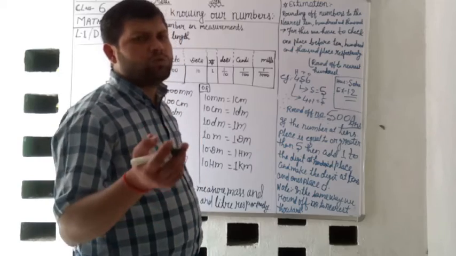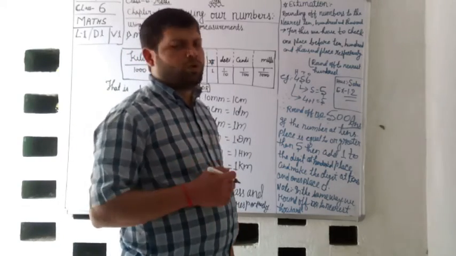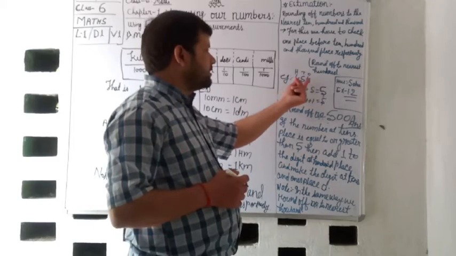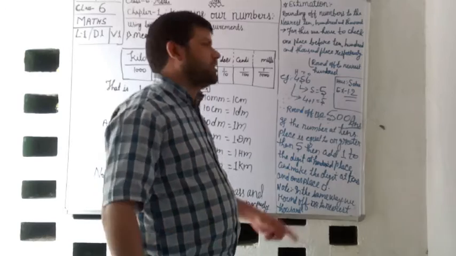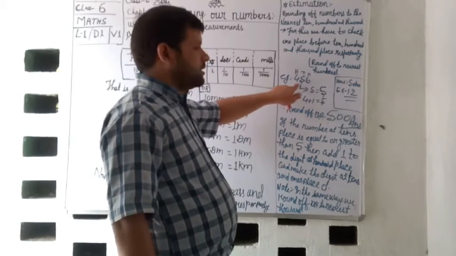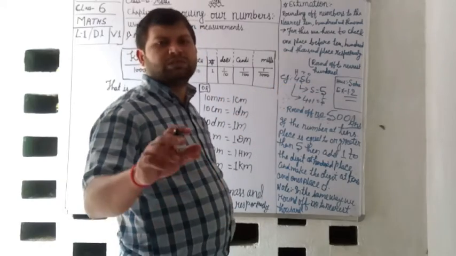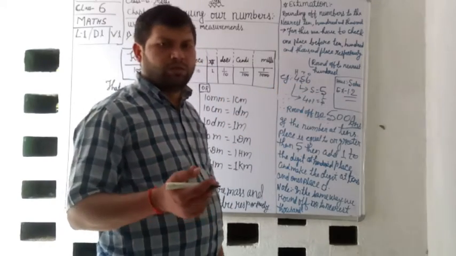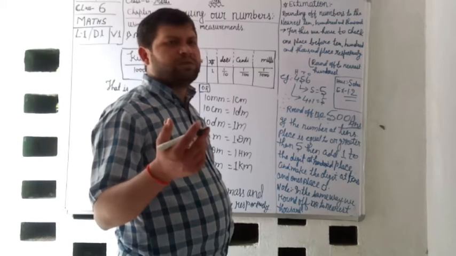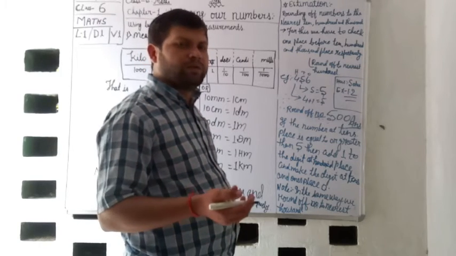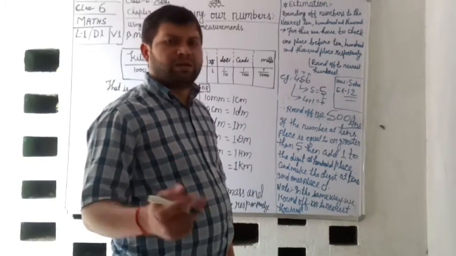One thing you can also know: if the number is greater than or equal to 450, then we have to write it as 500, as here 456 is greater than 450.